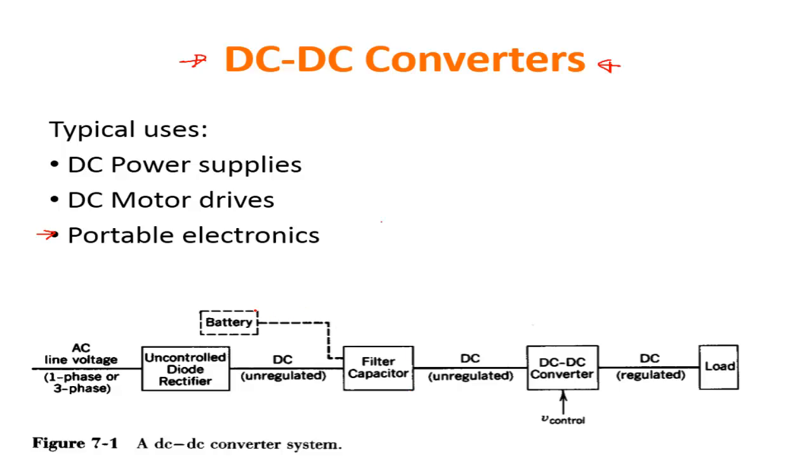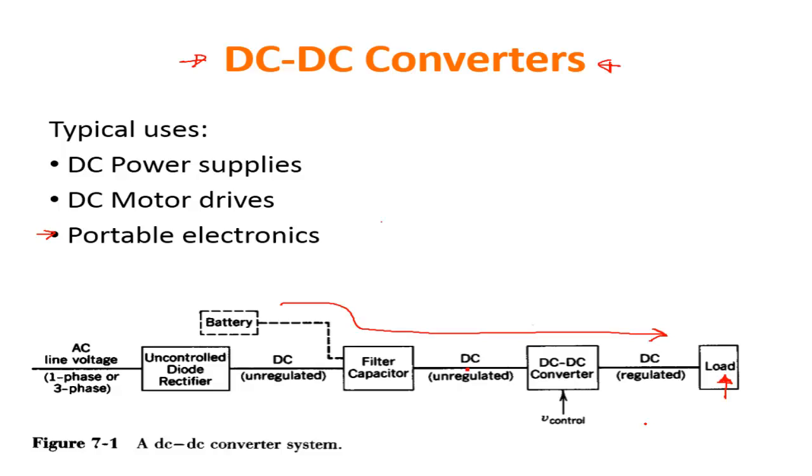Let us follow the direction after the battery if we focus on a smartphone. Then you have a filter. This is an unregulated DC current, and then here you have the DC-DC converter. Therefore you have the DC regulated voltage, and therefore the load, which is the circuit that you want to provide energy to.